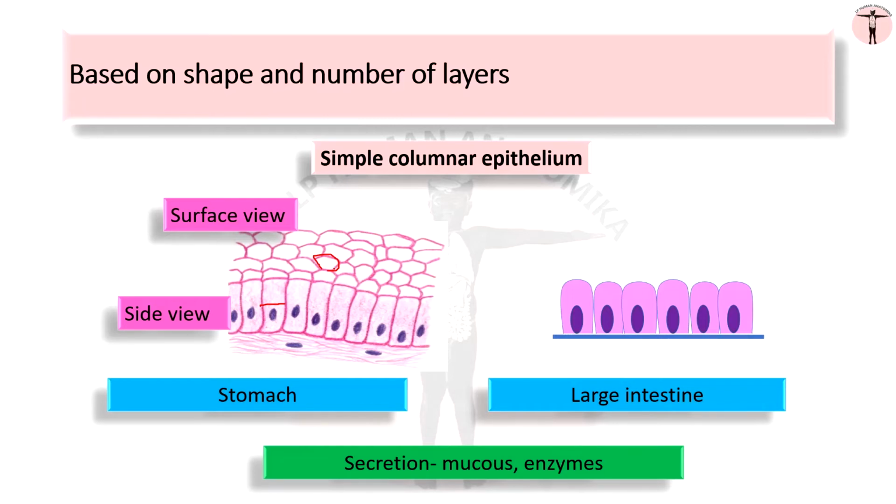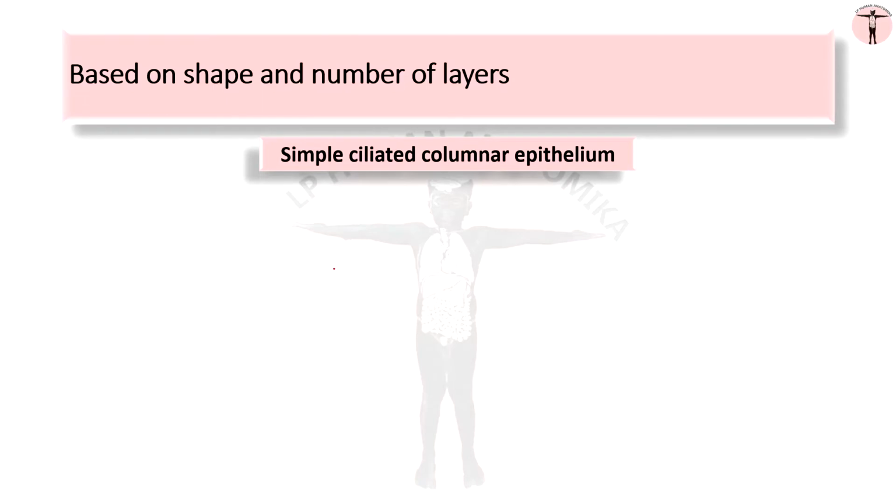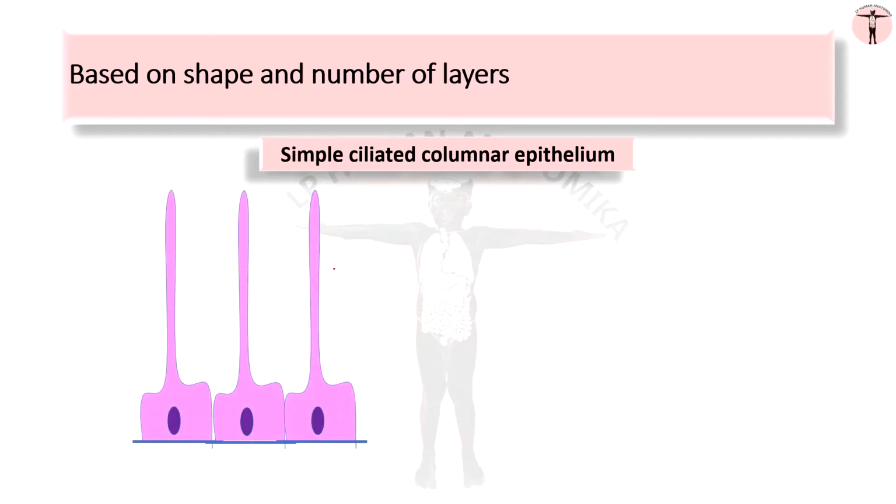As told, further, with the surface modification, it is classified as simple ciliated columnar epithelium, and columnar epithelium with striated border and brush border. We will see one by one. In simple ciliated columnar epithelium, the apical surface has cilia.